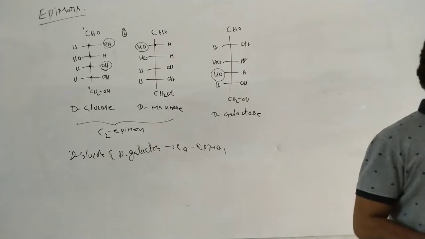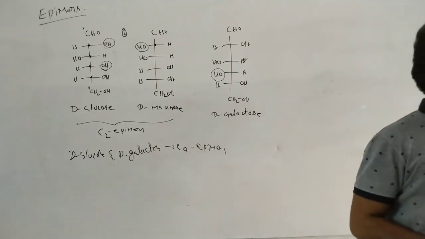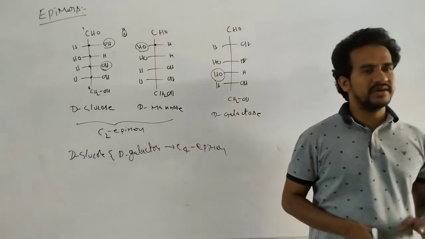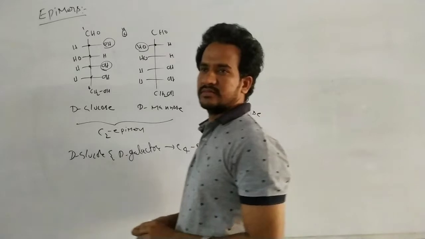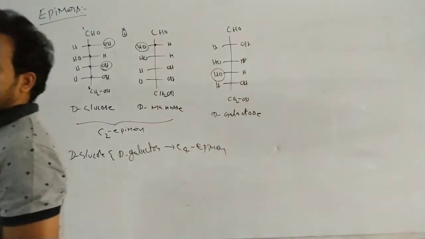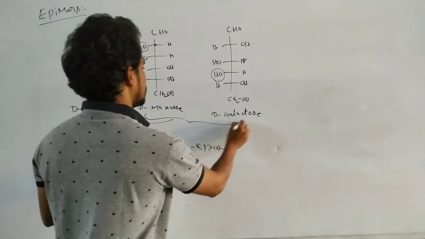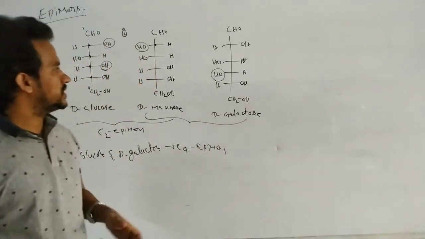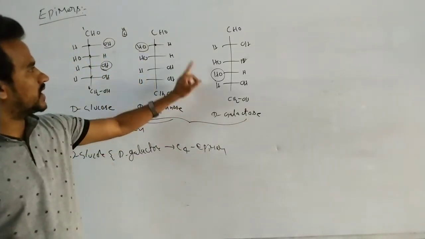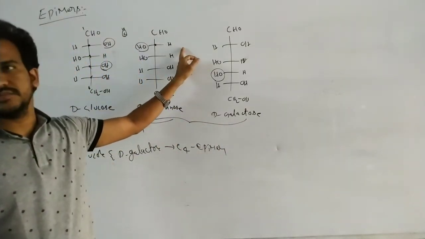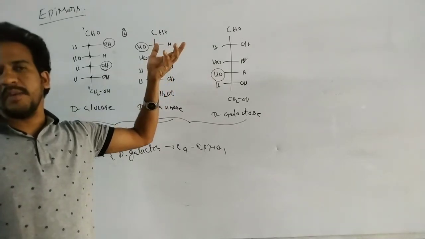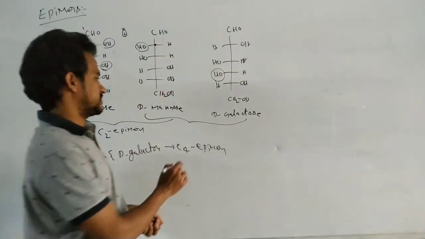D-mannose and D-galactose have different configuration at the C4 and different configuration at the C2. So these are not the epimers, but diastereomers.